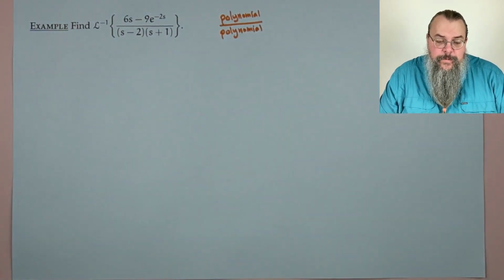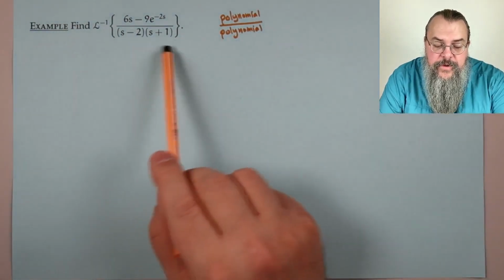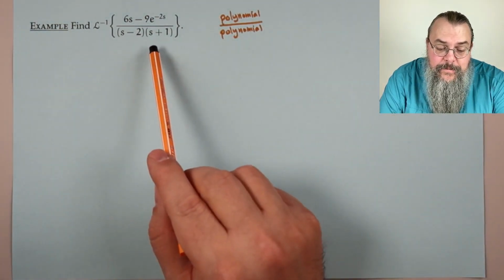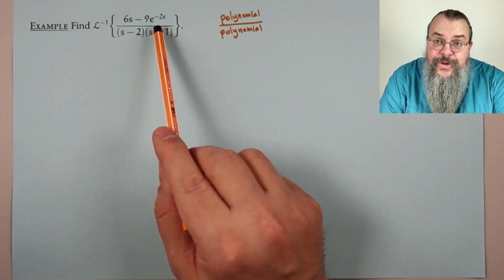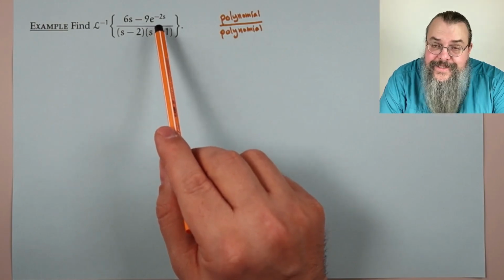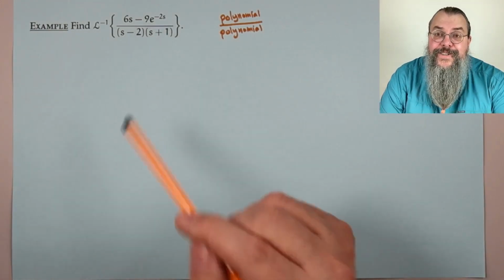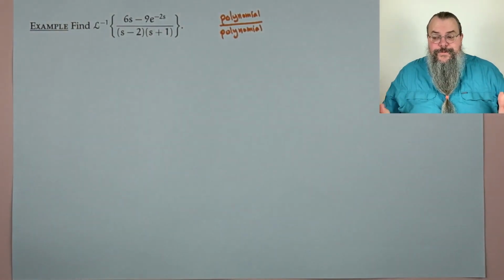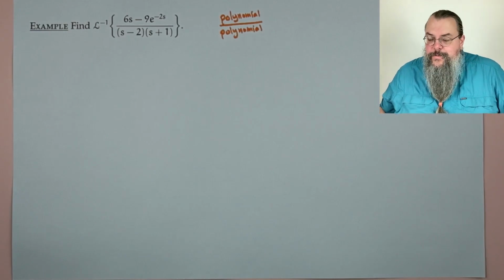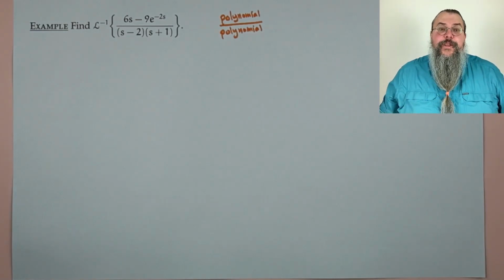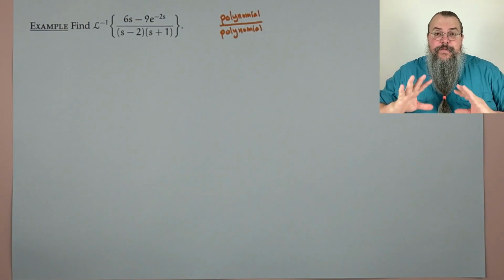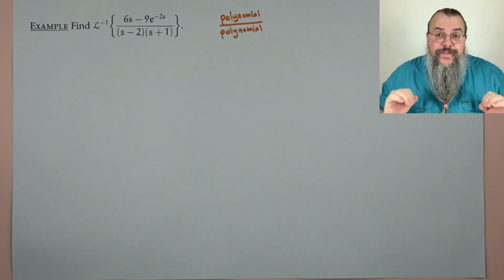Now, what's our problem? Well, we definitely have polynomial downstairs. Our problem is this e to the minus 2s upstairs. That's not polynomial. So, what do? Well, we're still going to do partial fractions, but we want to make sure that the exponential piece is not involved in the process.